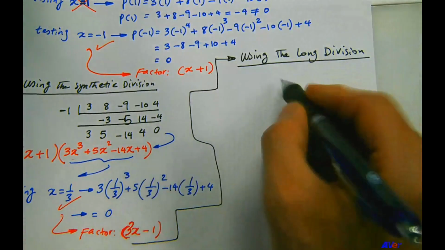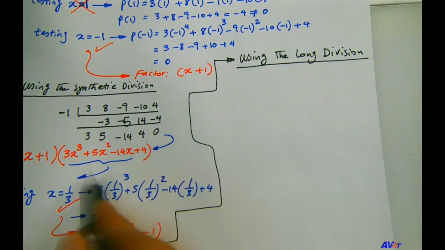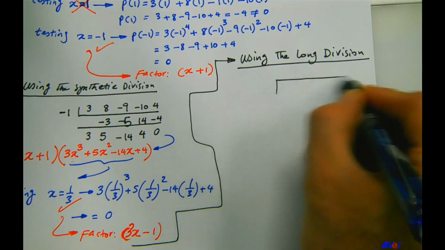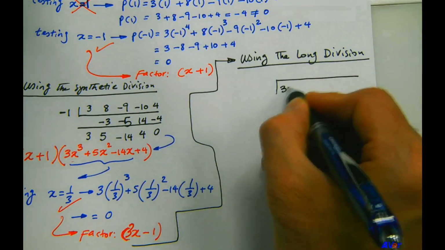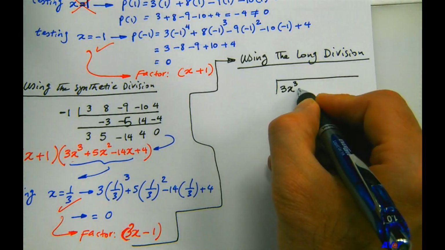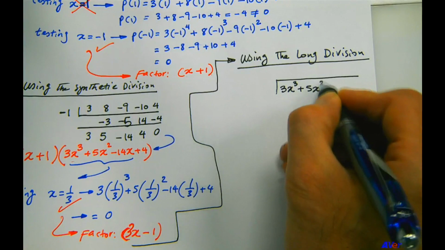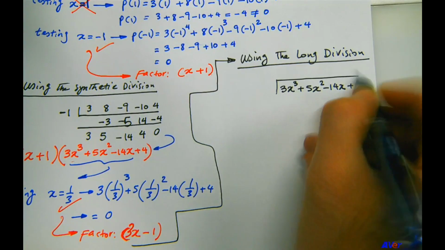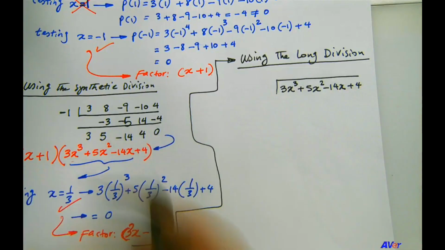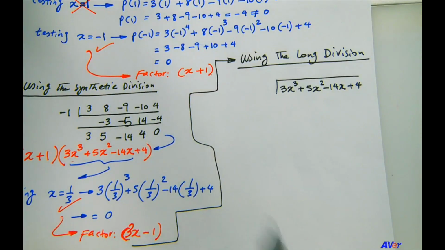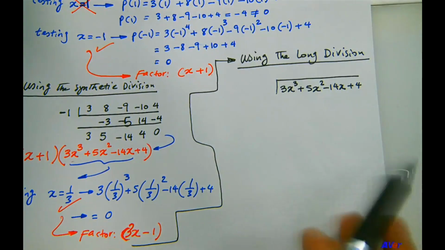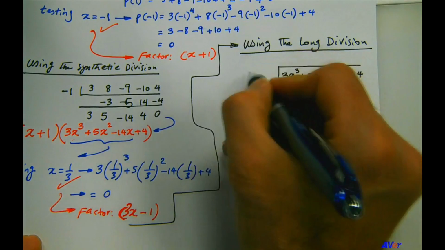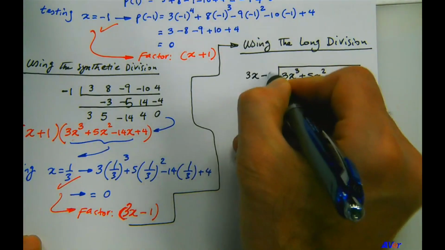We have this polynomial, 3x cubed plus 5x squared minus 14x plus 4, divided by this factor, 3x minus 1. Let me move this up a little bit. Divide by this factor, 3x minus 1.